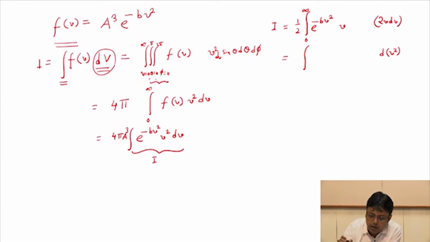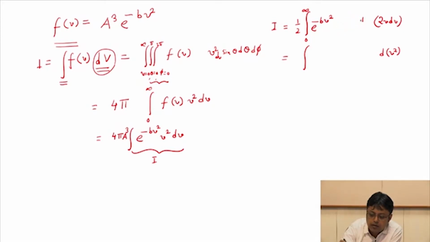That v, I can write it as v square to the power half, and half, I have to write it as n minus 1. So that n will be basically half plus 1, or I have to write it as 3 by 2 minus 1.